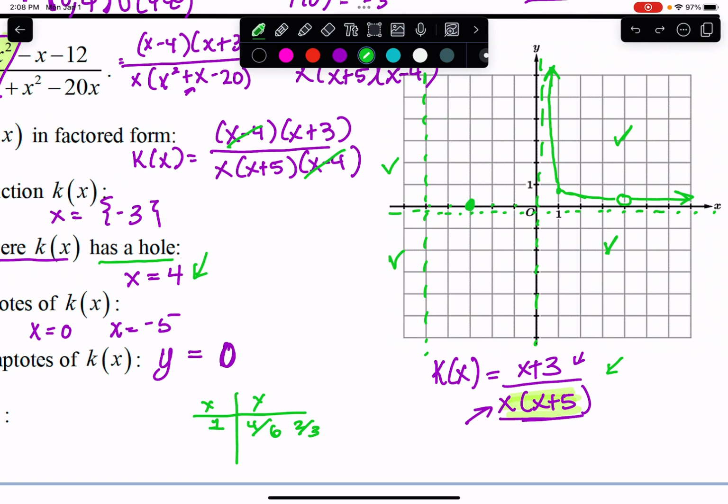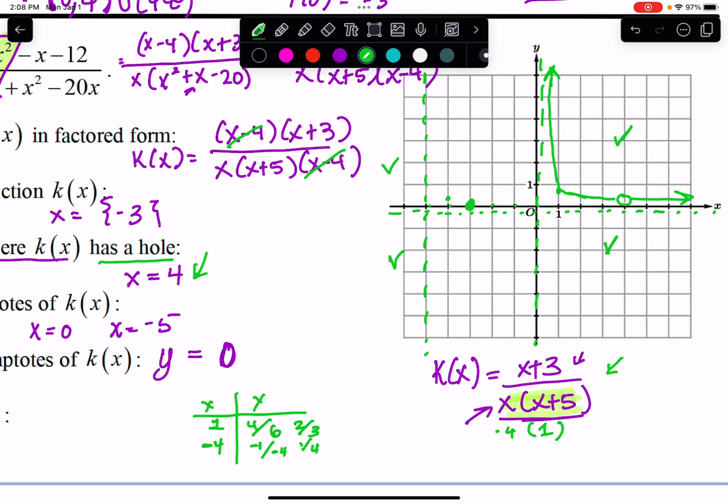Let's test a point inside here. How about -4? If I put in a -4, I get -1 over -4 times 1. So I got -1 over -4, which is positive 1/4. That means at -4, I'm at positive 1/4.